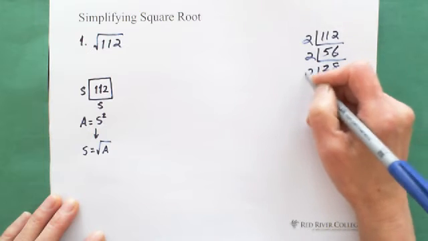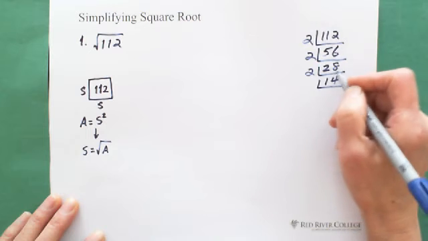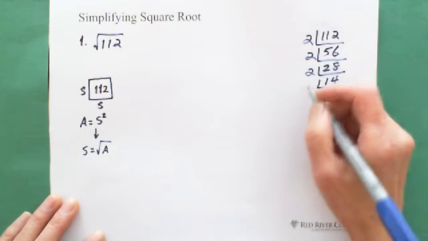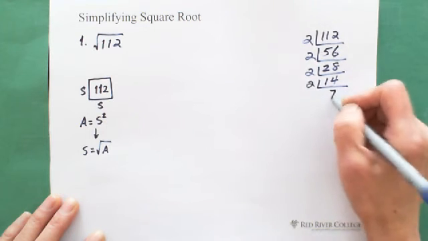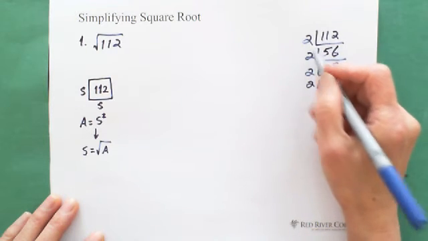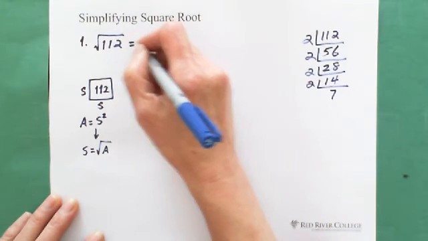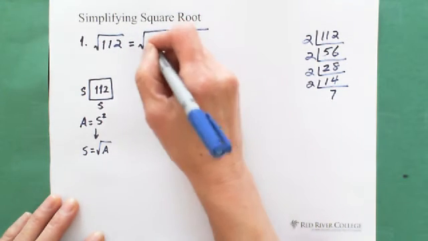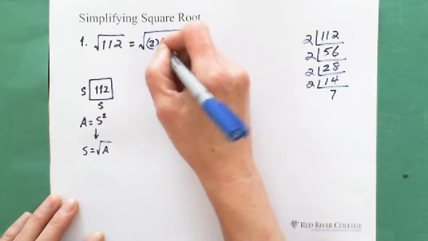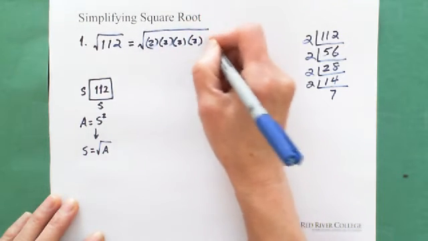Half of 28 is 14, and half of 14 is 7. So you have four 2s and a 7. You can write it down: 2 times 2 times 2 times 2, then times 7.